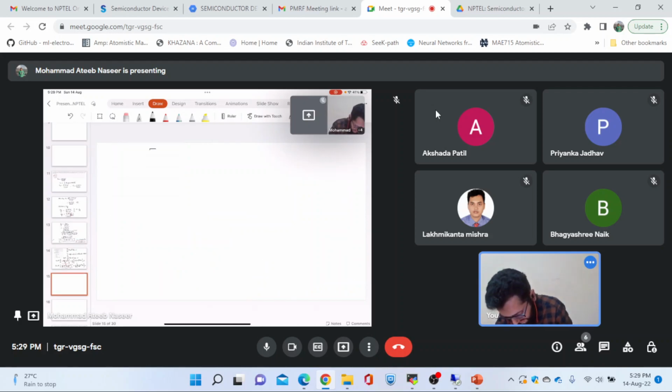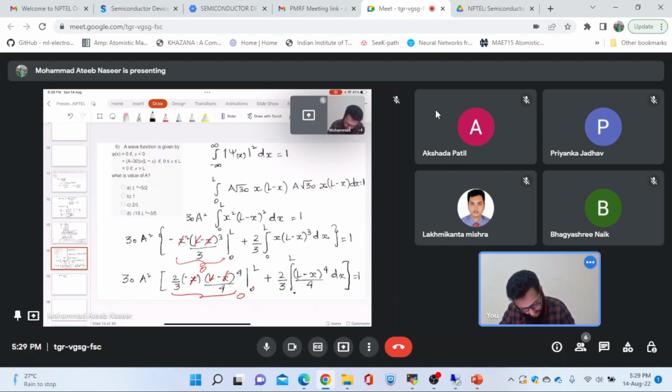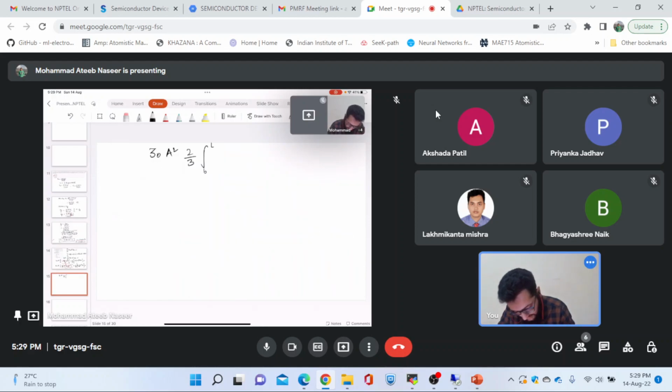Let me write it down again: 30a squared, and it is 2 by 3 with limits between 0 to L, (L minus x) to the power 4 by 4. Let's take it to be 4 dx equal to 1.